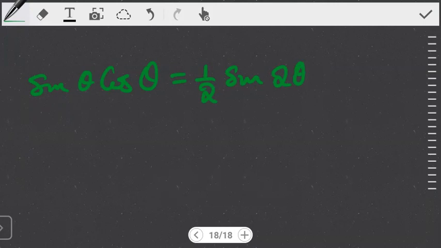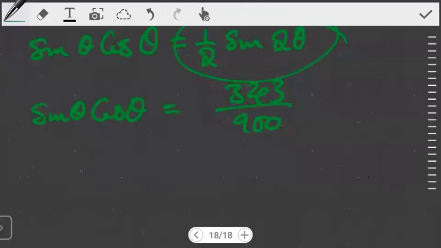So from here, we can substitute this where we had sine theta cos theta. From equation 3, we had sine theta cos theta equal to 343 over 900. So where we have sine theta cos theta, we plug in that value. This becomes 1 over 2 sine 2 theta is equal to 343 over 900.